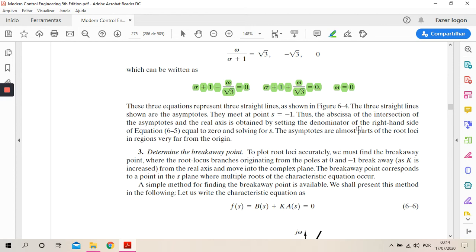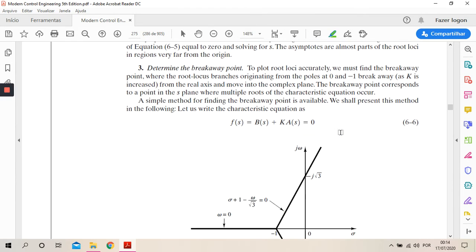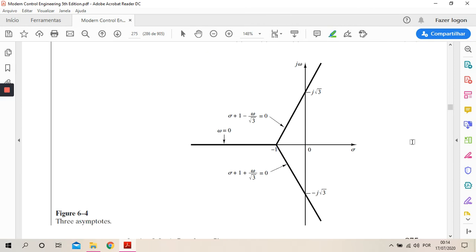And figure 6-4 shows it. Okay? Let's take a look at figure 6-4. We have here three lines. W equal to 0 is this line here from negative 1 to negative infinity. Sigma plus 1 minus w divided by the square root of 3 equal to 0 is this line here, which begins at negative 1 on the real axis and crosses the imaginary axis at j times the square root of 3.